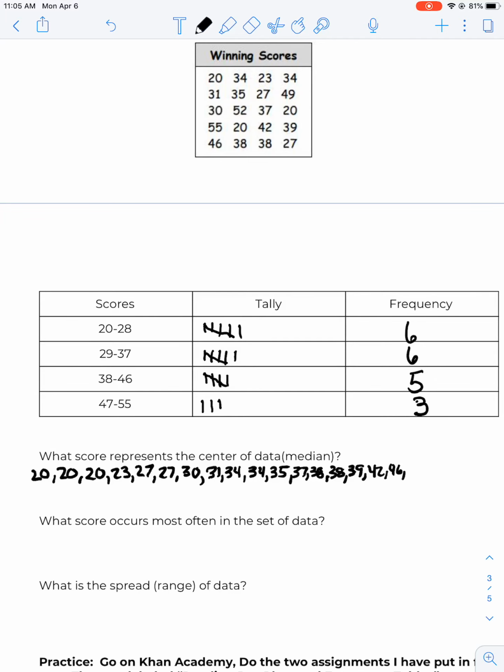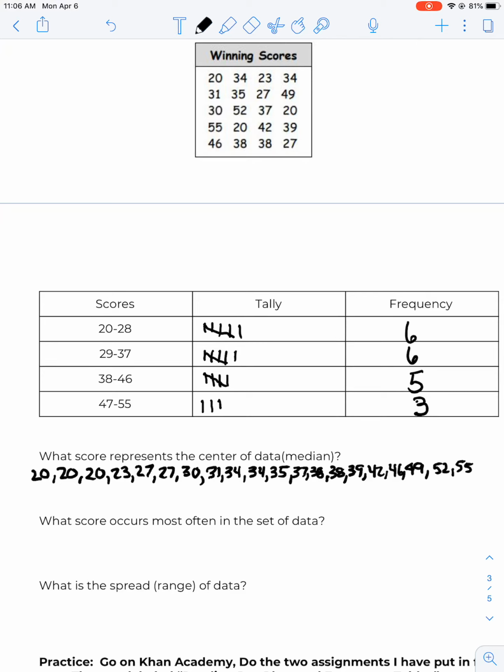46. Sorry, that looks like a 9. Let me redo that. 49, 52, and 55.